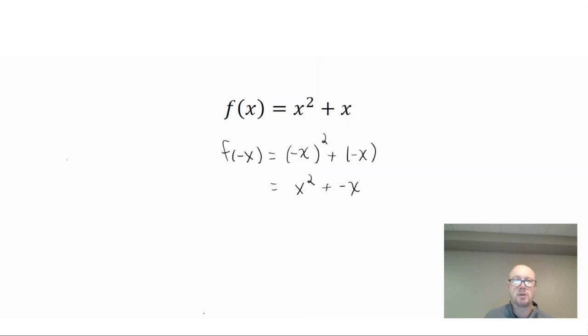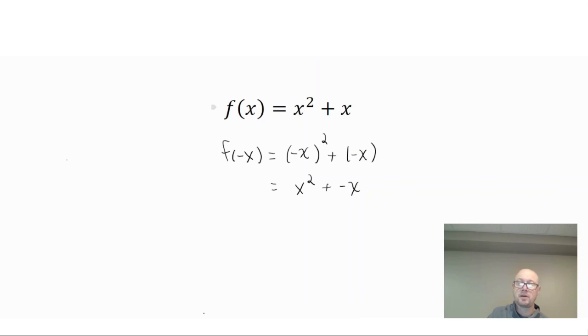So what we want to do is look at each term. Did each term come out to be the same as the original or opposite to the original? If it's a mix of both, that means it's neither. In this case, my original had a positive x squared. My new function, when I plug in negative x, has a positive x squared. So that's good so far.